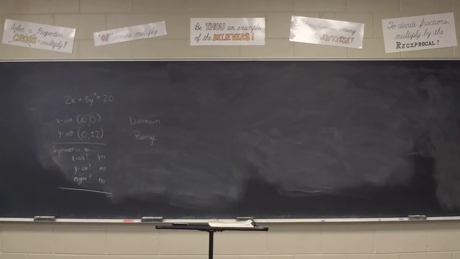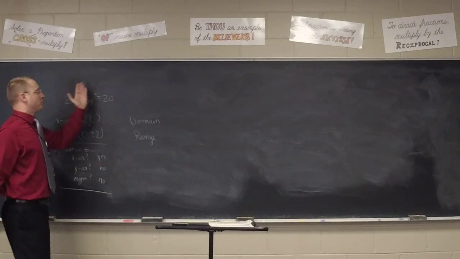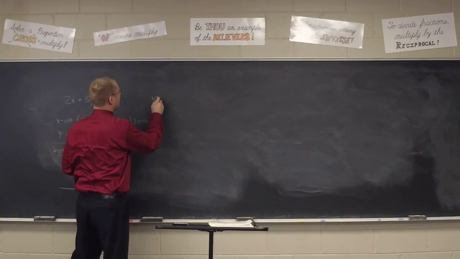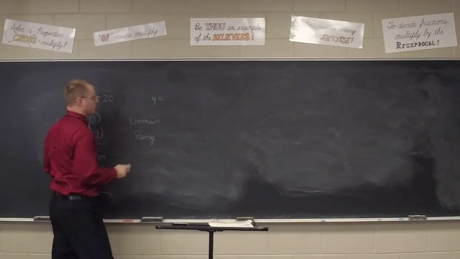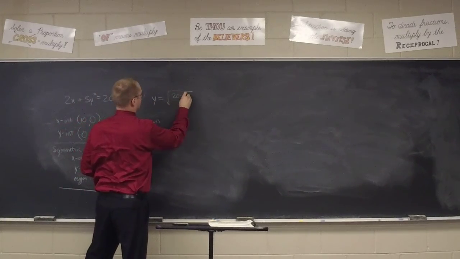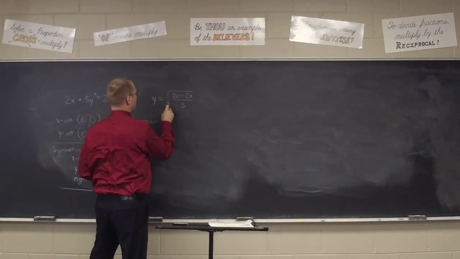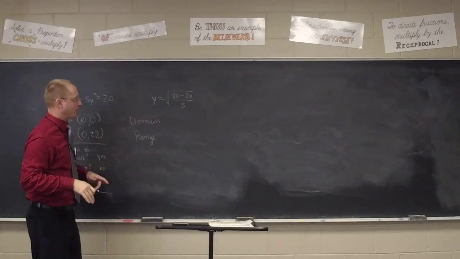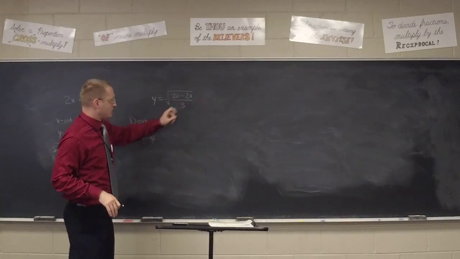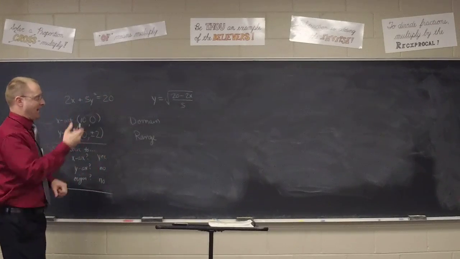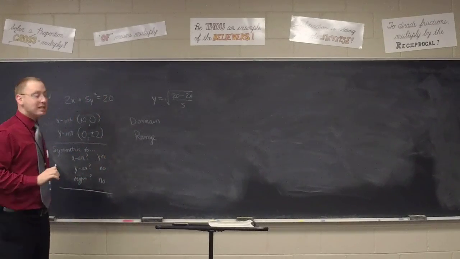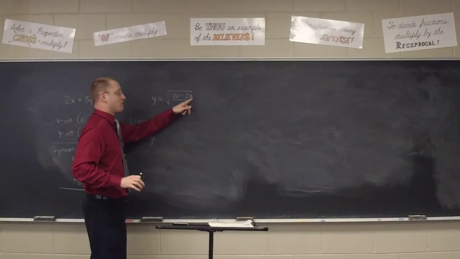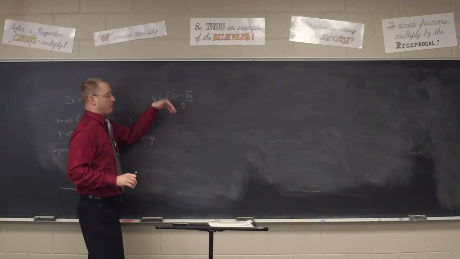To see what x values you can plug in, my suggestion was to set the equation equal to y. I move the 2x, divide by 5, and take the square root, so y is equal to the square root of (20 minus 2x) over 5. Technically positive or negative, but who cares about that. As we look at the x, what's the critical number? 10. You plug in 10, and 20 minus 20 is 0, 0 divided by 5 is 0, and you can take the square root of 0.